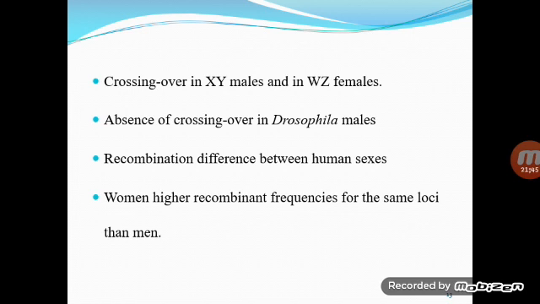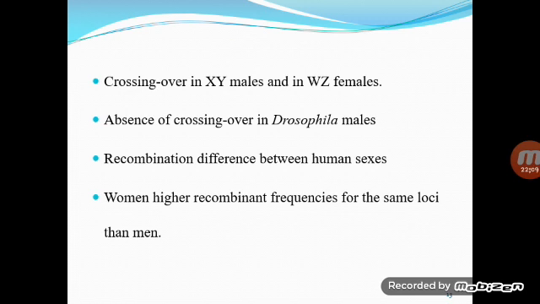So it's all about interference. It's all about the interaction of crossing over with each other and their result or their link with the double recombinants.